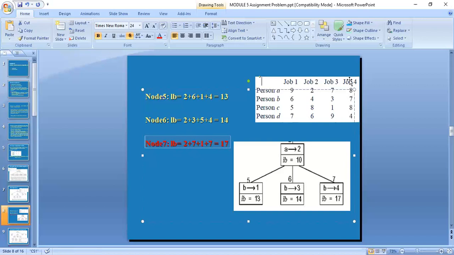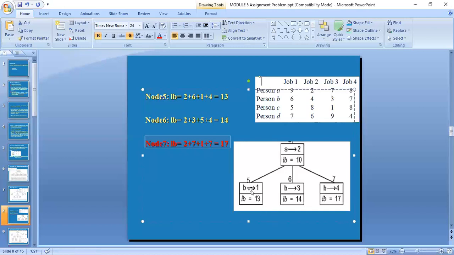It is job 4, which is already assigned to person B, so you cannot take it. Next least value is 6. 6 is for job 2. Person A is already assigned job 2, so you cannot take it. Now we move on to 7. 7 is with respect to job 1. It is not assigned to any person, so we will be taking it. So you have 17.